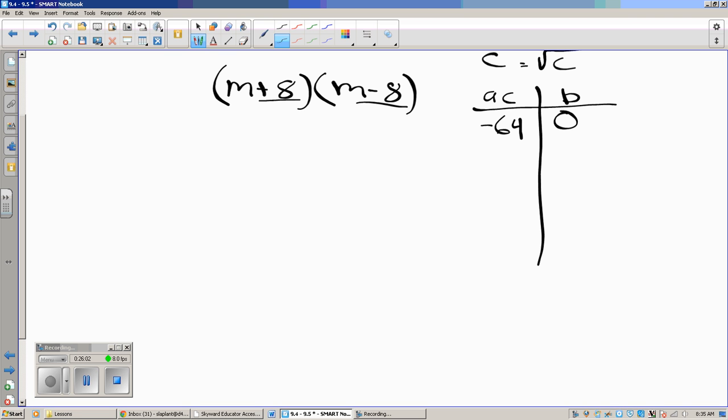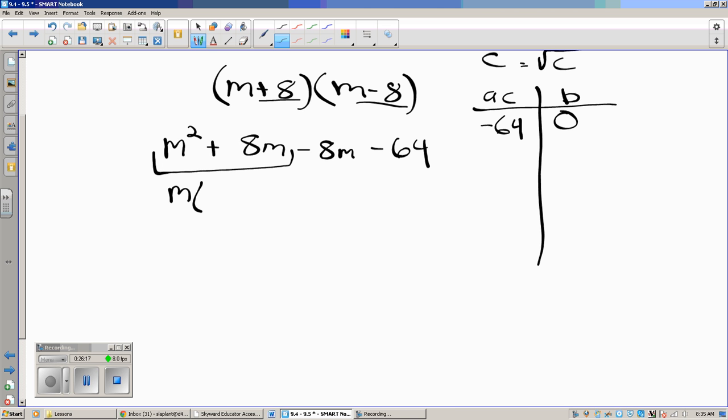Or you could do m squared plus 8m minus 8m minus 64. And you can split the middle term here, factor out an m, and you're left with m plus 8. And you factor out negative 8, and you're left with m plus 8.